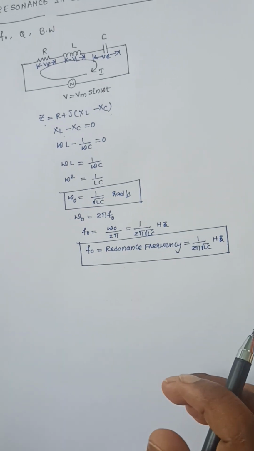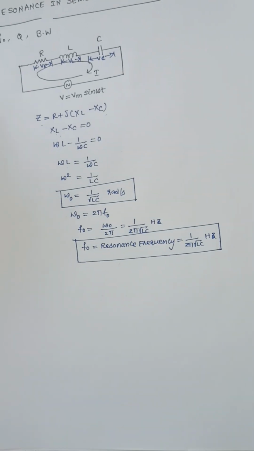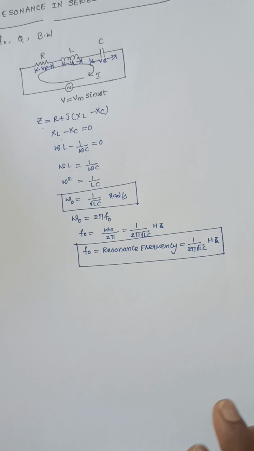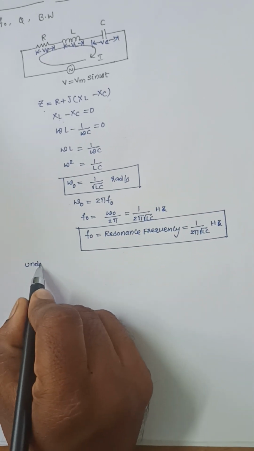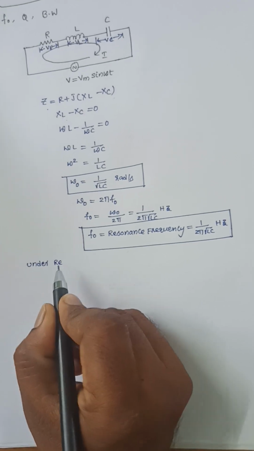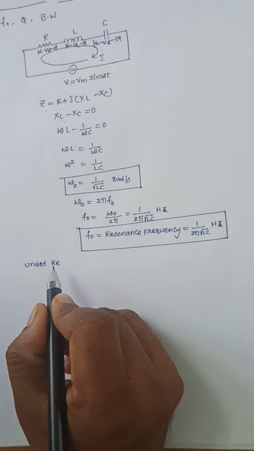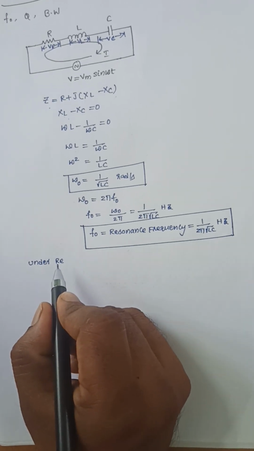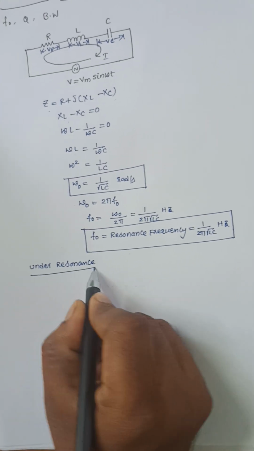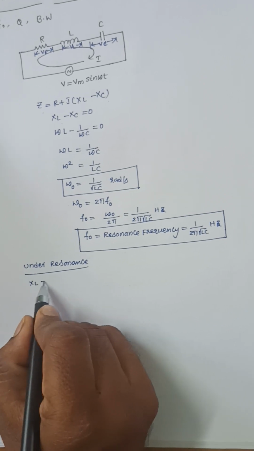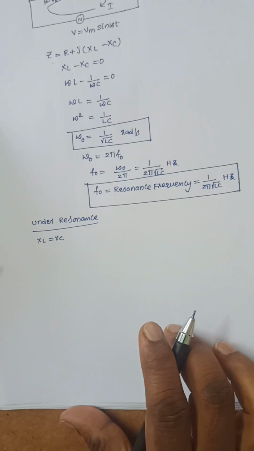Now let me derive some conditions here. Under resonance condition, XL is equal to XC. This is the first condition.